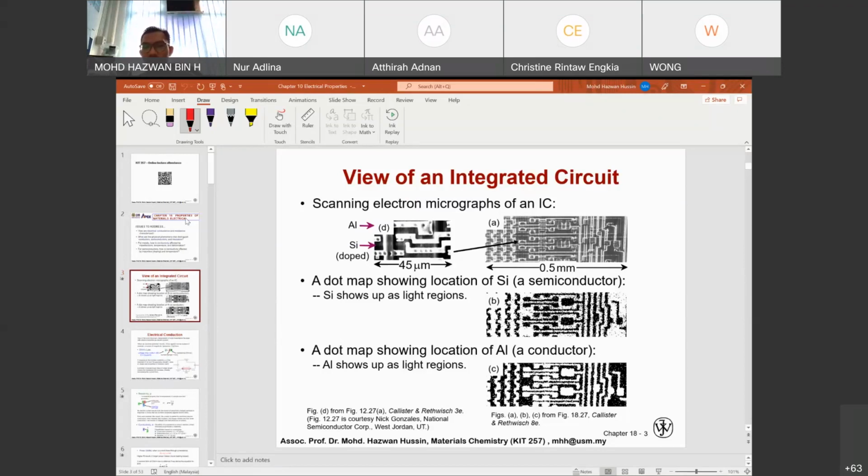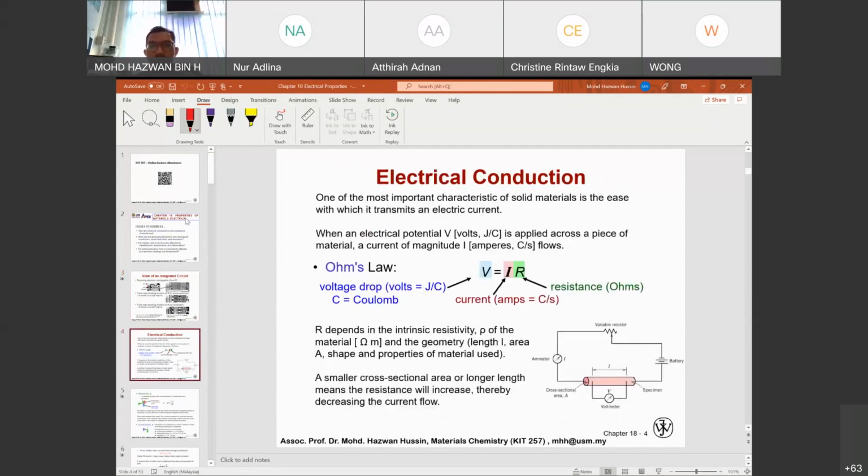These two maps are of the same material. It's just that you have a secondary SAM image where one shows where the semiconductor silicon dope is, and the other shows where the conductors are.